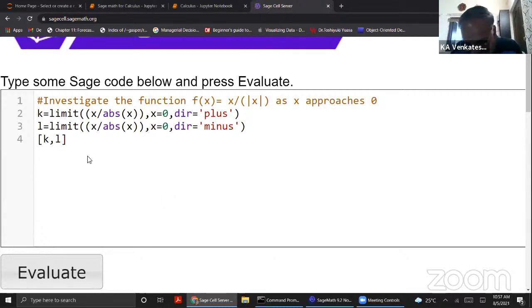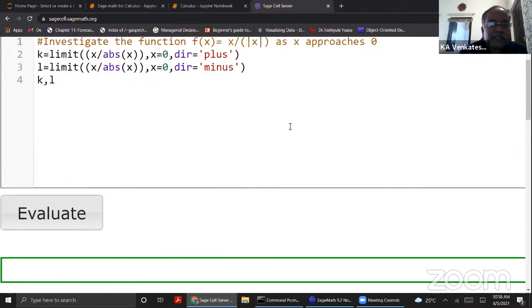So when you use the math cell on Sage Math, if I'm not putting this k bracket, suppose I put k comma l. One comma minus one. Suppose if I want one by one, will it work?